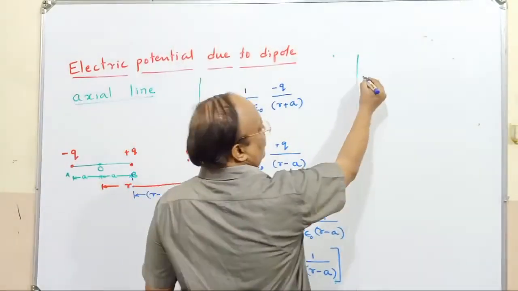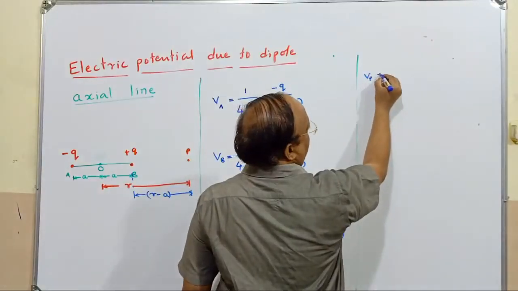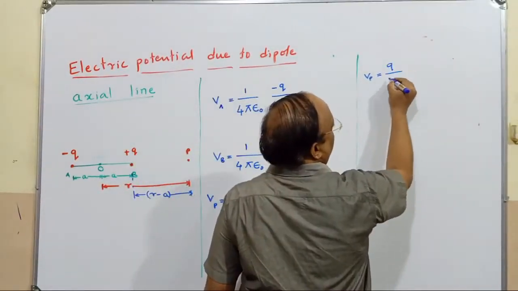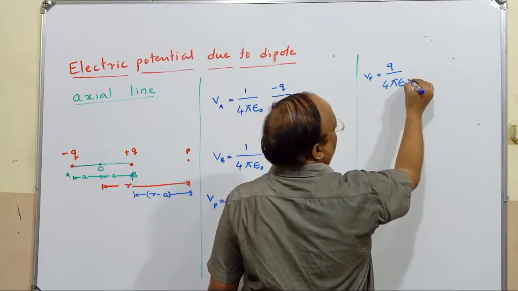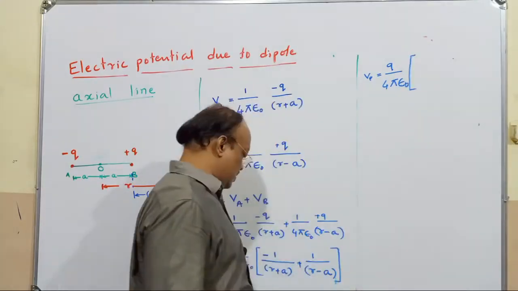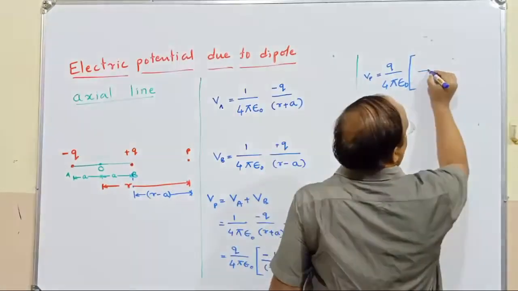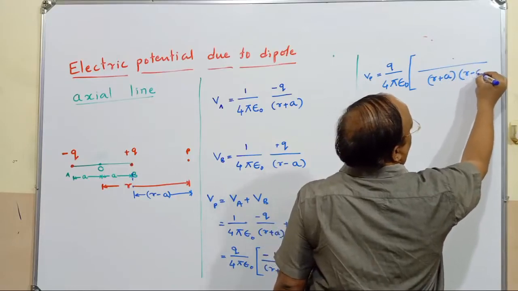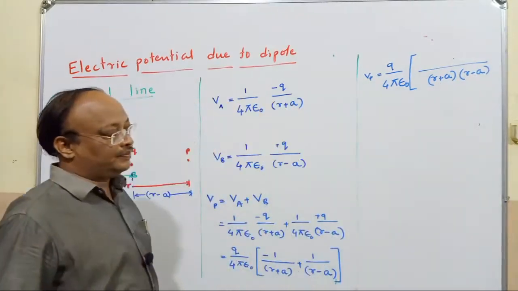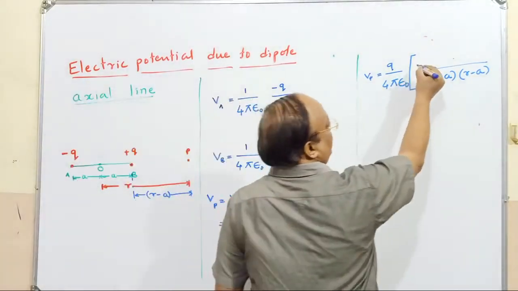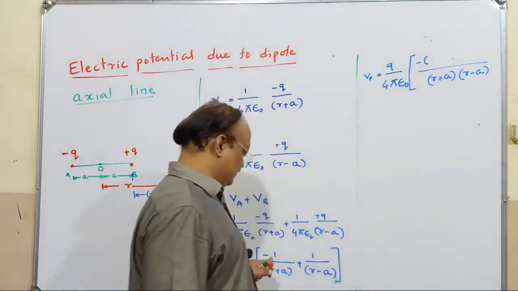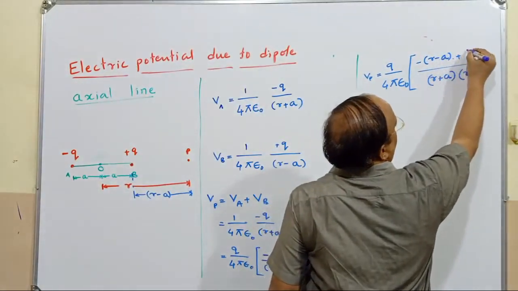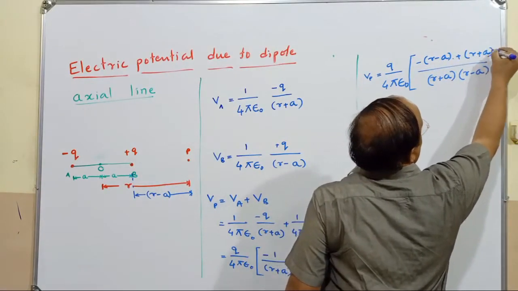Potential at P on the axial line is equal to Q by 4 pi epsilon naught. What is the LCM here? It is R plus A into R minus A. Right? So here minus R minus A plus R plus A.